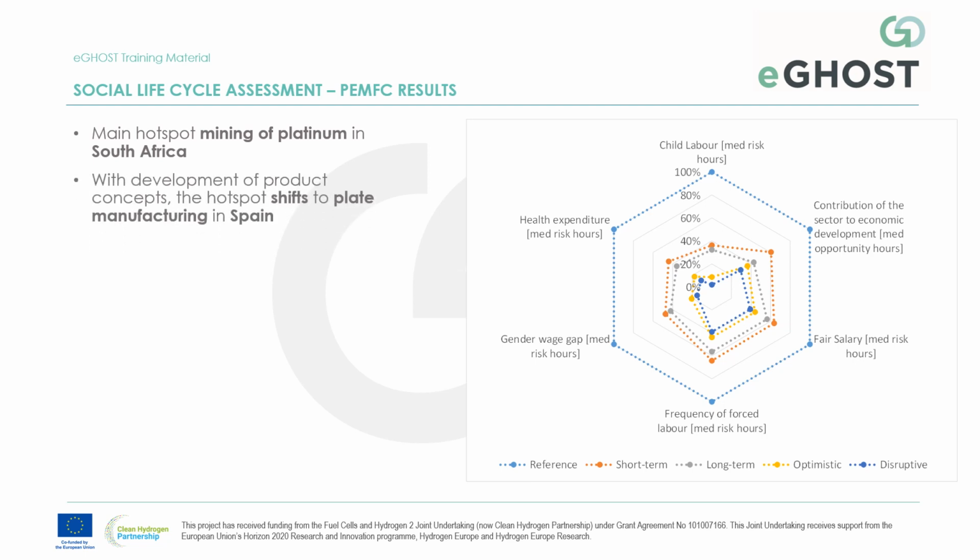What is interesting is that with the product concepts, the hotspots shift from platinum to the plate manufacturing. So these are the end plates and bipolar plates, which are manufactured in Spain. So basically the hotspots change from South Africa to Spain in most of the indicators.